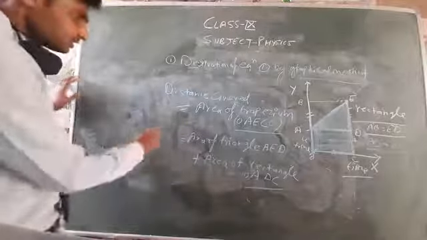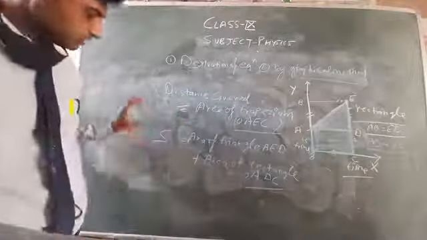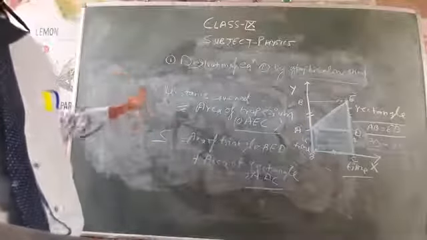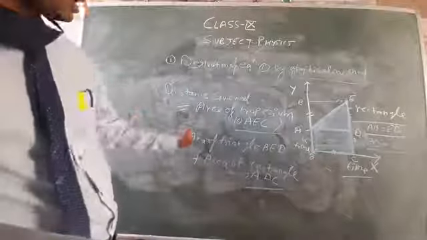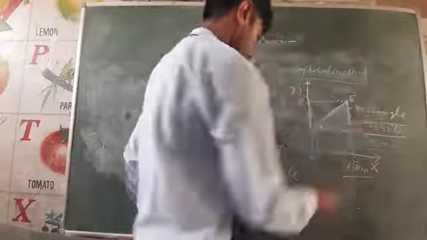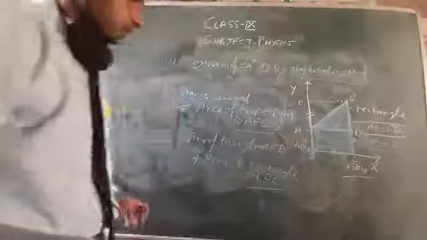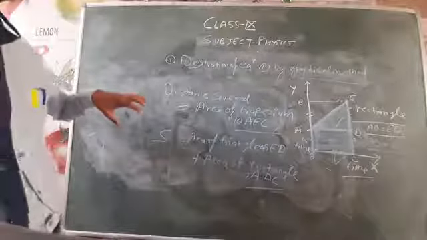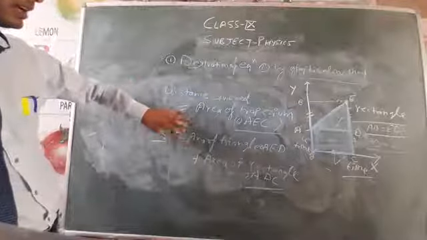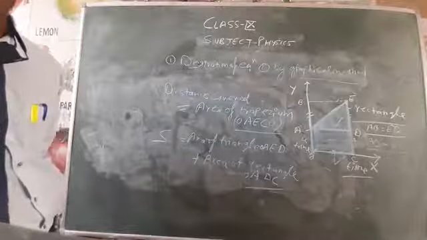So the distance, as you know, the symbol of distance is S. So distance covered in time t is equal to the area of triangle AED plus the area of rectangle OADC. I hope you understand. It means we have to find the area of triangle AED and the area of rectangle OADC.